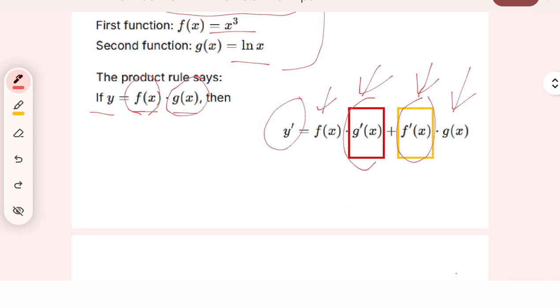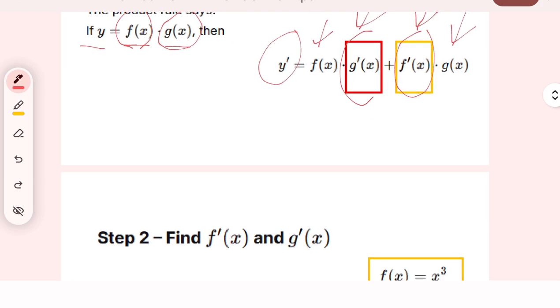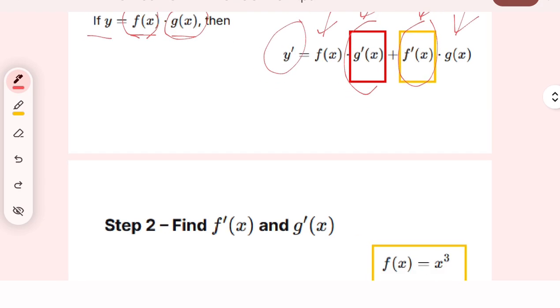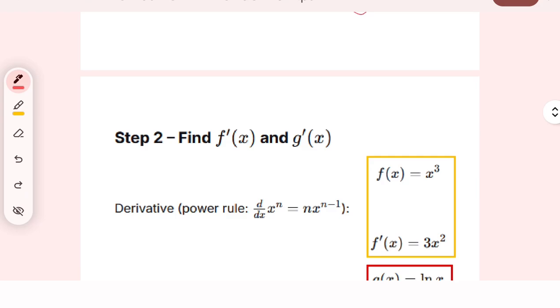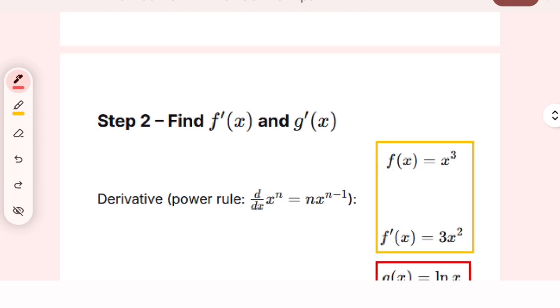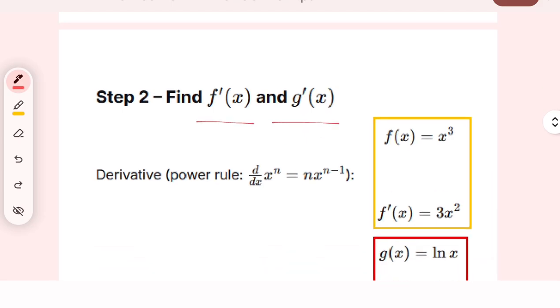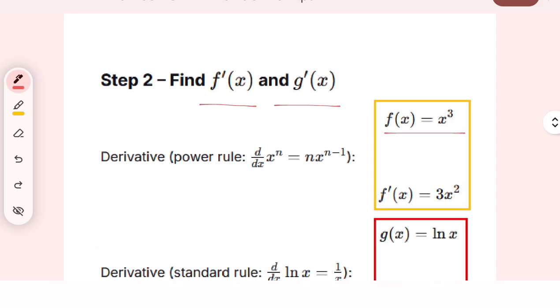Since we already identified that it is a product rule, we will now compute the derivative of the two functions. The first function is x cubed, and the derivative of x cubed is 3x squared.